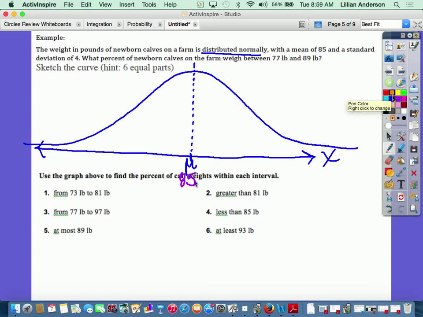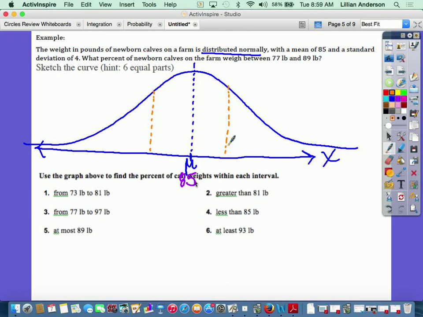Now, you guys have it kind of nice because you have that graph right above this example, so you can see the 6 equal parts, right? Your first standard deviation makes up what percentage? 68, okay?